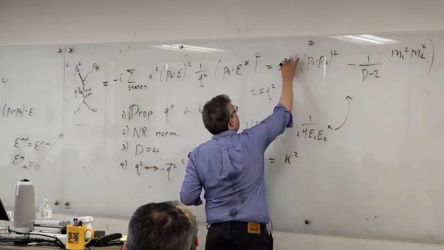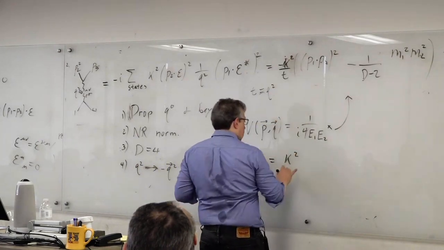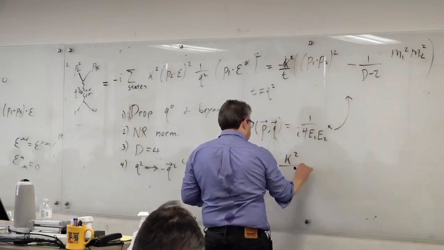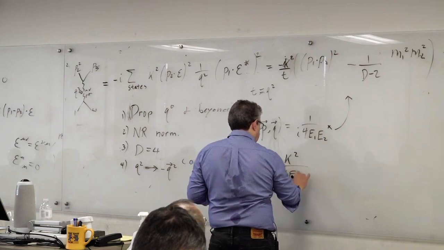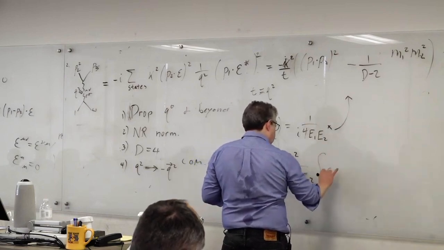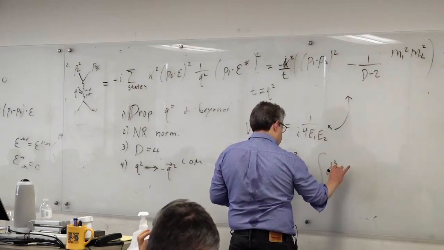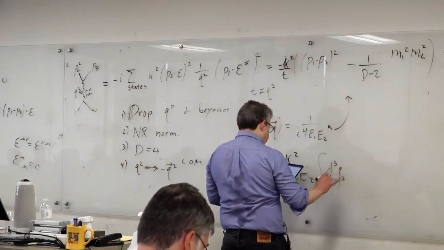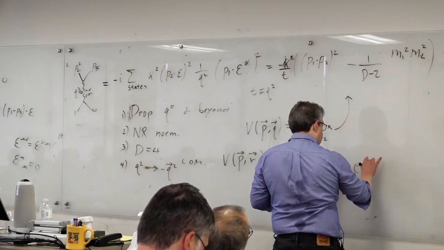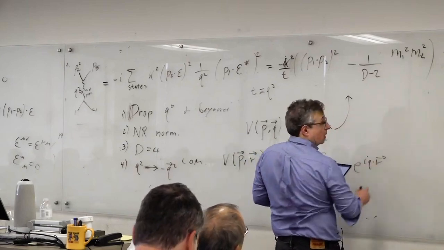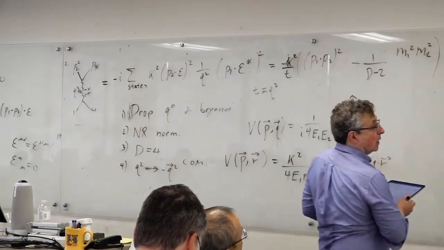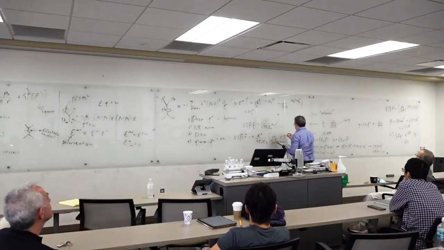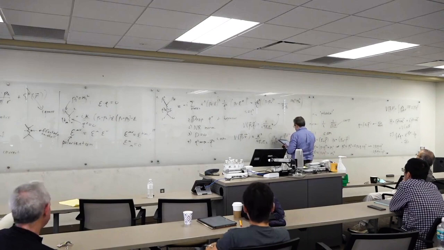I should have put in a kappa square in here. Kappa square, and then 4 E1, E2, integral d cubed q over 2 pi cubed, e to the i q dot r. Oh yeah, it's the same thing I did in QED. I'm just doing it in gravity.